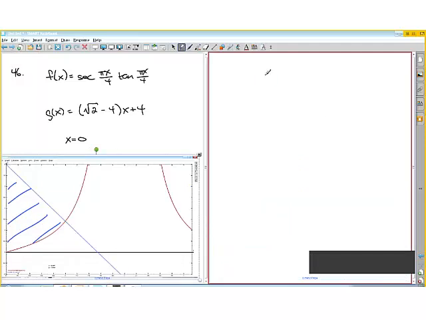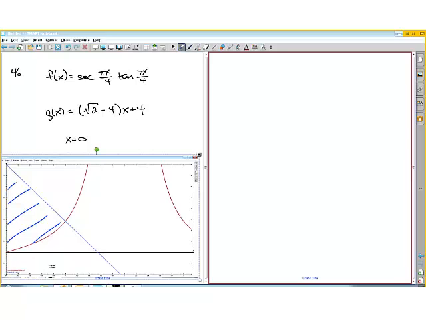Okay, so the first thing I said you could do is find this intersection. That looks a little daunting. Yeah, I'm not going to do that now. I may go back and do it, but it's too much of a chance.